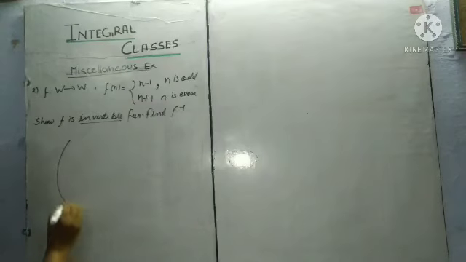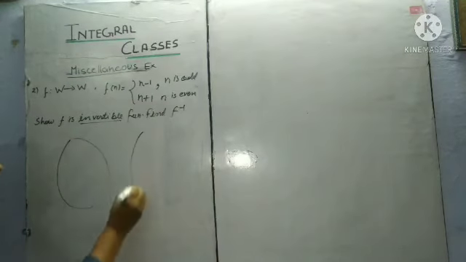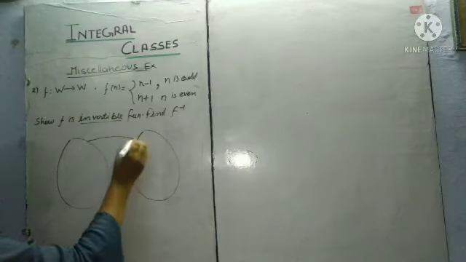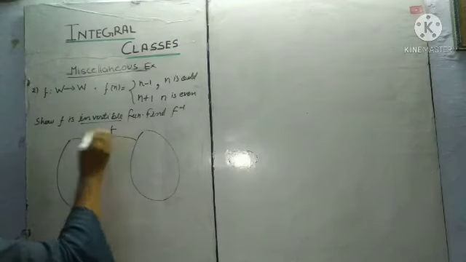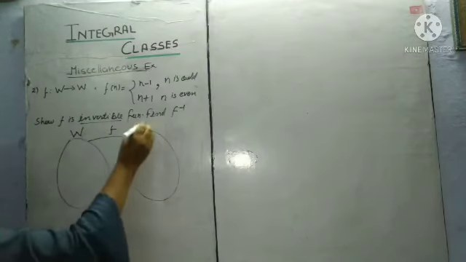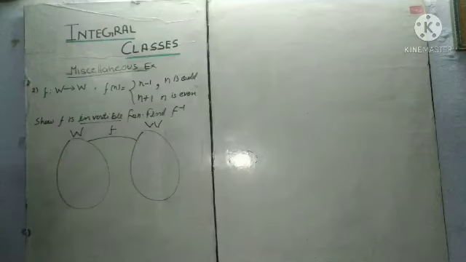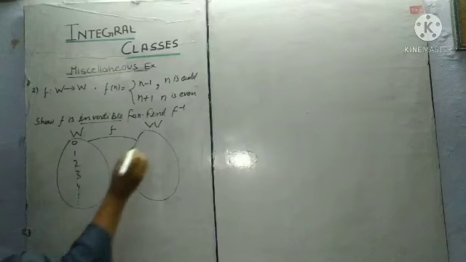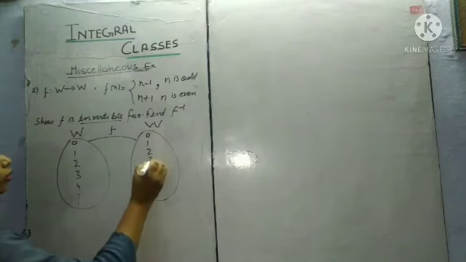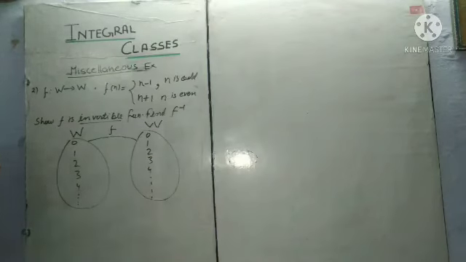Consider two sets, and f is a function defined from W to W. Whole numbers are 0, 1, 2, 3, 4 up to infinity, and again 0, 1, 2, 3, 4 till infinity.